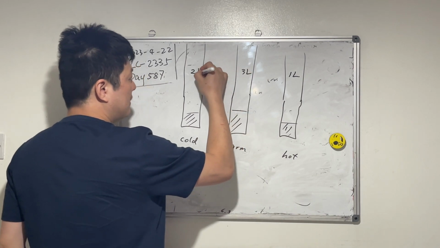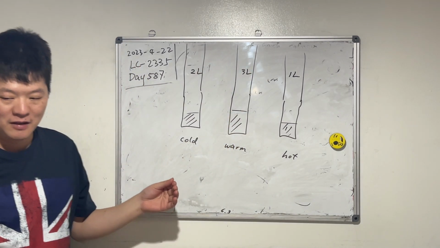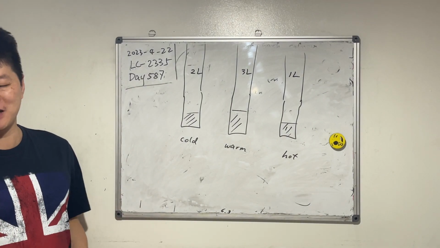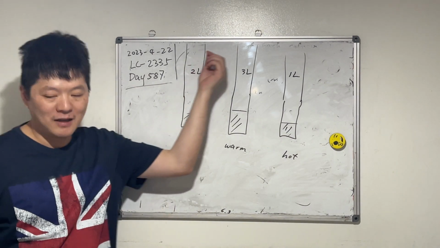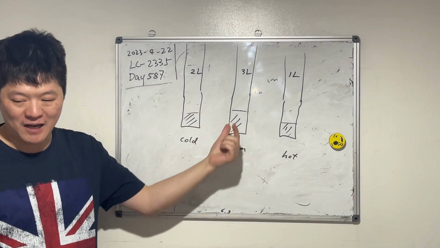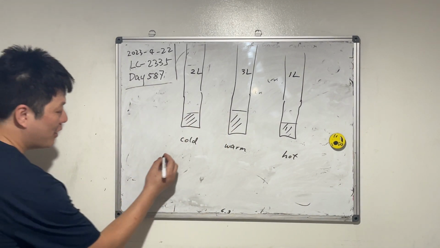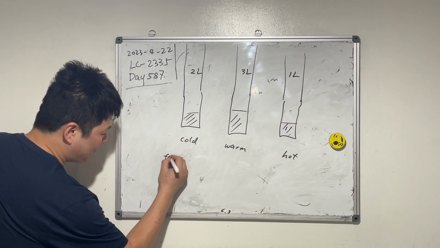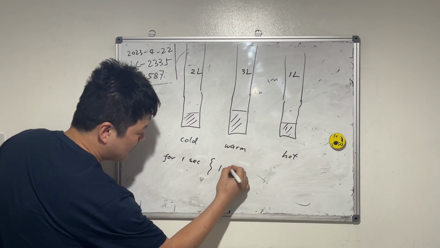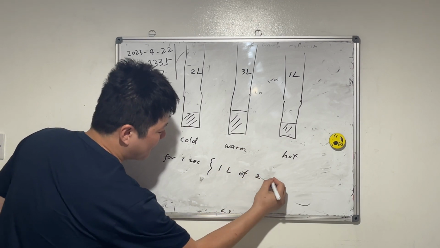Just imagine I have an unlimited big tummy. For every second, I can drink 1 liter of 2 different types.